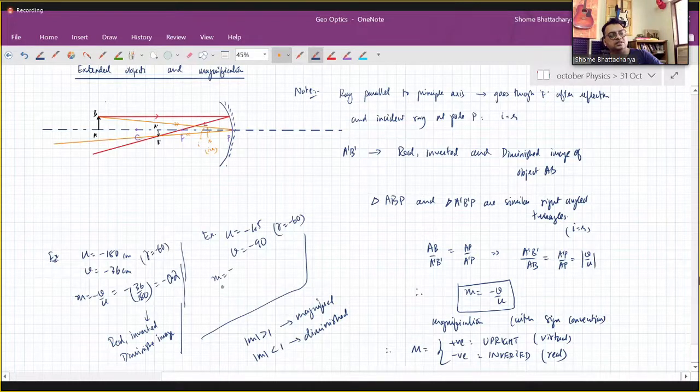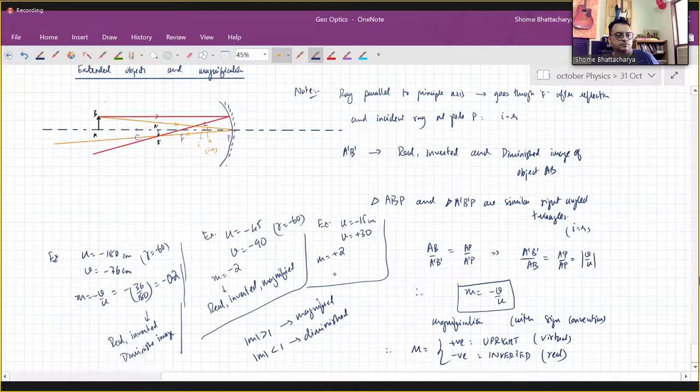So this is an example of real, inverted, magnified image. But another example we had was U was minus 15 and V was plus 30. So here our magnification would come out to be plus 2. This was an example of upright, virtual, and magnified image.